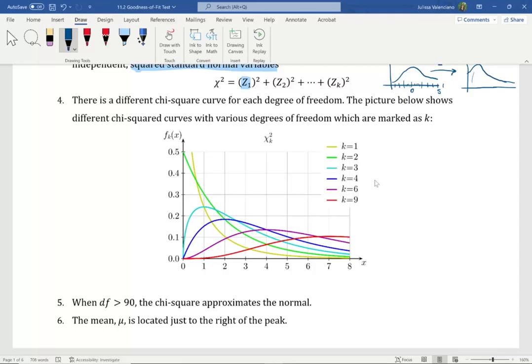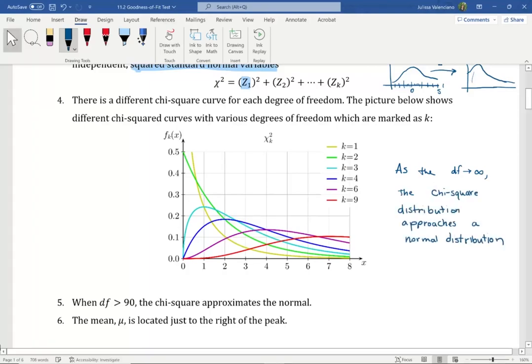And so that is the case. As the degrees of freedom approaches infinity, or gets larger and larger, the chi-square distribution approaches a normal distribution. And so the rule of thumb is that if your degrees of freedom is greater than 90, then we say that the chi-square distribution approaches the normal distribution.